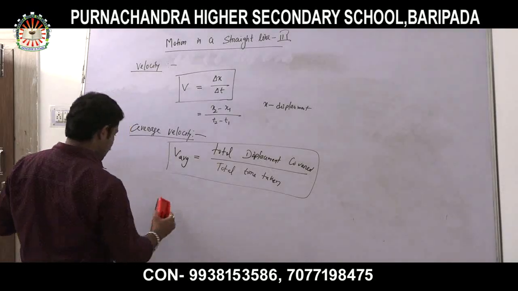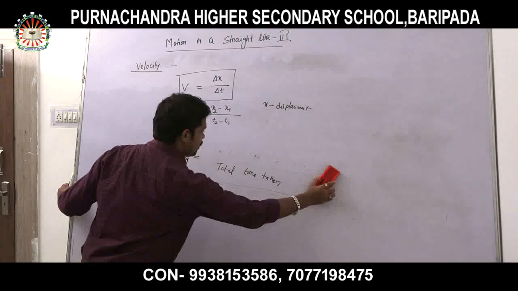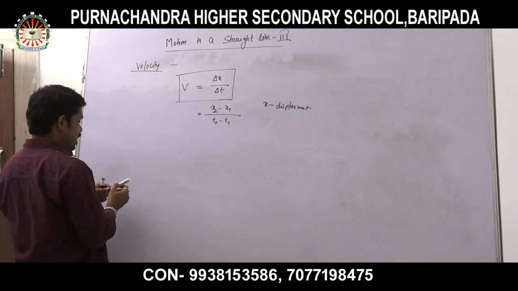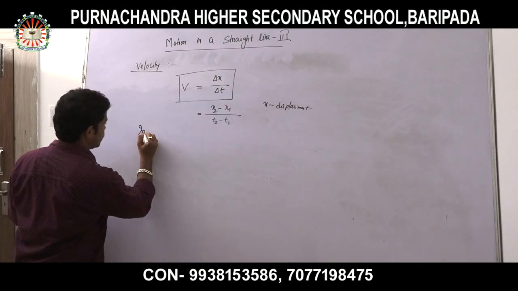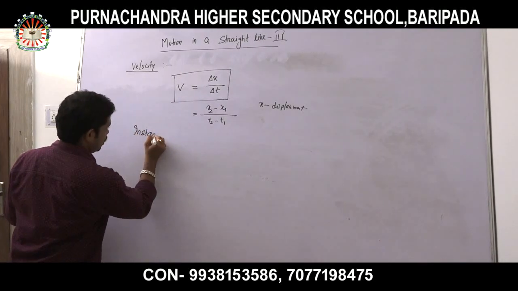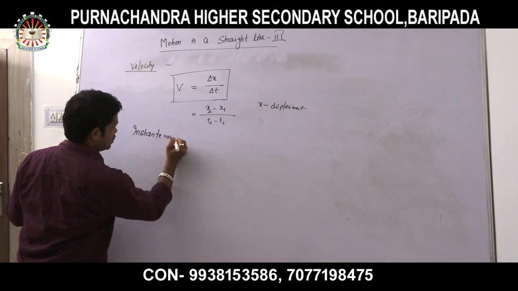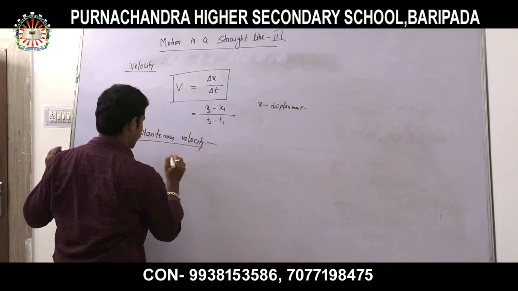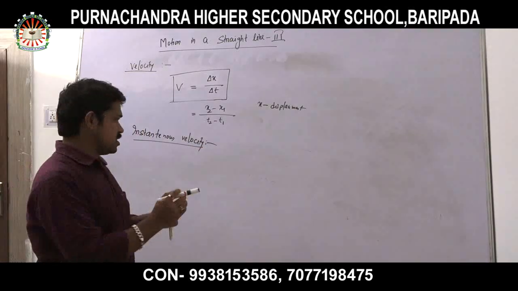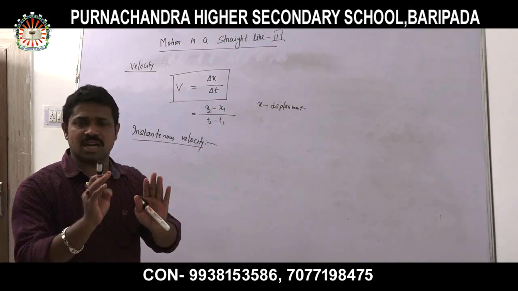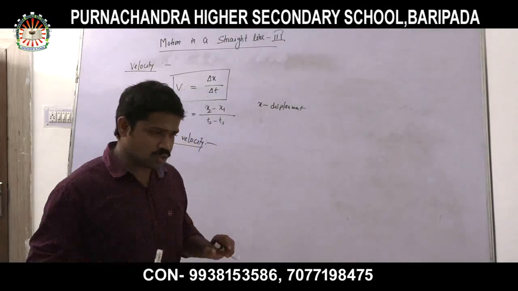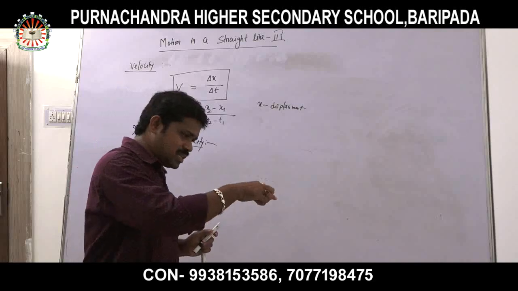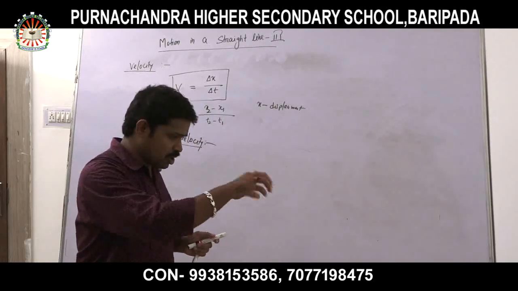Okay? So now, after finding out the average velocity, let us discuss the instantaneous velocity. Instantaneous means at a particular instant of time. It's very simple. Suppose we are moving on a bike, and there is a speedometer in front of us.